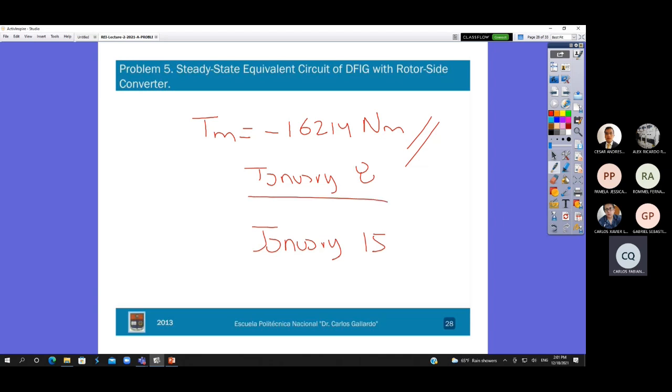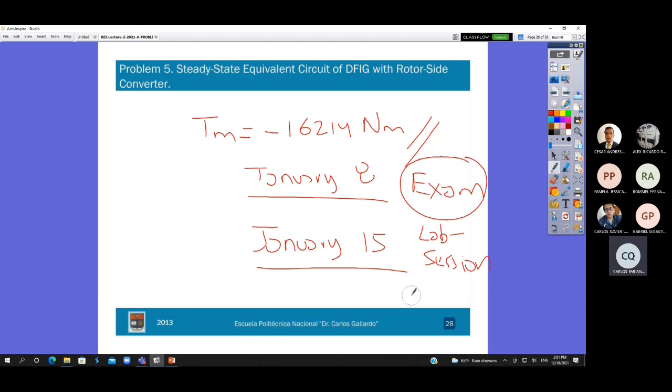For the first quarter, we have class. Let's say the exam could be on this date, and for this date we have not the project, let's call this the lab session. The project is for the second quarter.